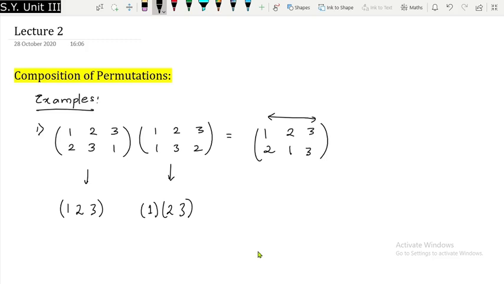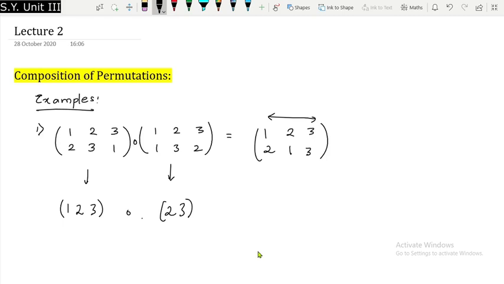Now just note one thing, we don't write this 1 goes to 1. Okay, so if you open up some books and go through, then you might see that we don't write this 1 maps to 1 or 4 maps to 4. These things we don't write because it is understood from the context. Since 1 is missing over here in this term, it is understood that 1 is mapping to 1 only, right?